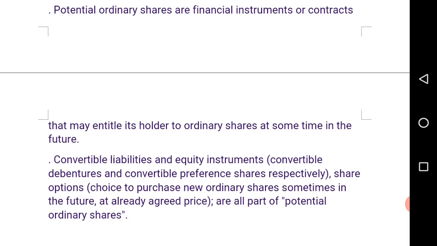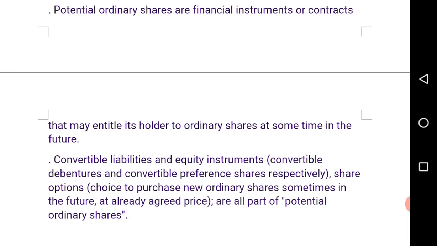Obviously we know a debenture is a loan. When the loan holder is given the opportunity to convert the value of his loan to shares, that becomes a convertible debenture. We have convertible preference shares: preference shareholders are given the opportunity to change their preference shares to become ordinary equity shares. Then it is a convertible equity instrument.